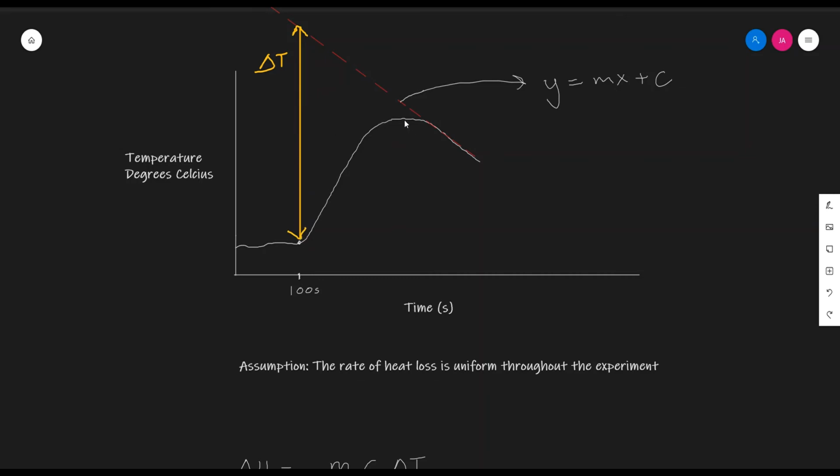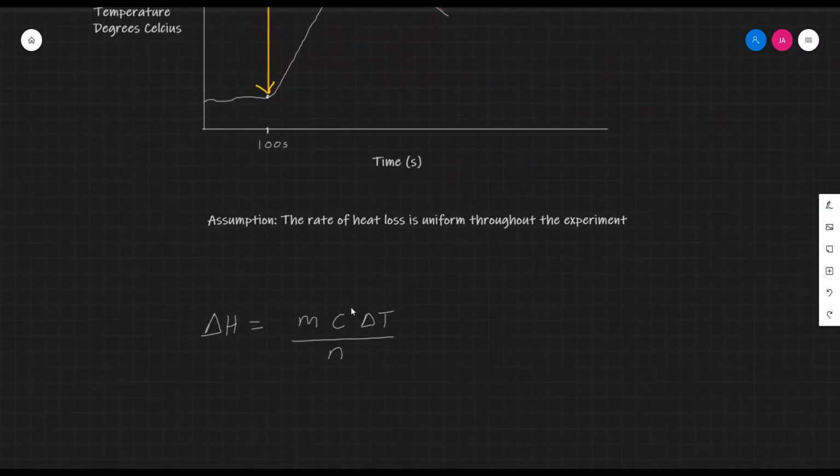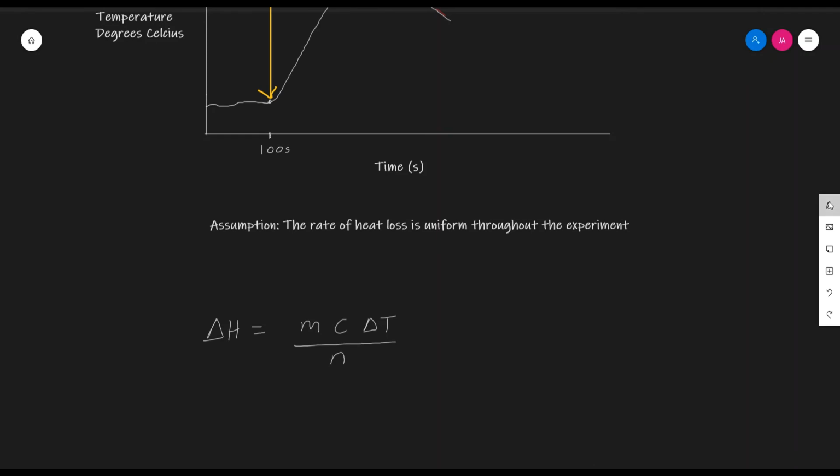On the other hand, if a temperature sensor is used to plot the cooling curve and extrapolate it, this would be my temperature rise right here. The higher the delta T in this equation, the higher the temperature rise, this will directly increase the enthalpy change of reaction and thus produce a more reliable value which is closer to the actual literature or theoretical value.